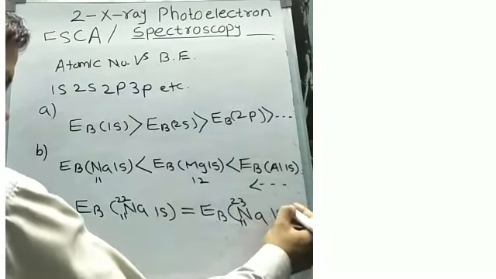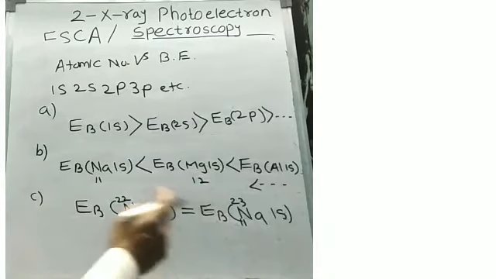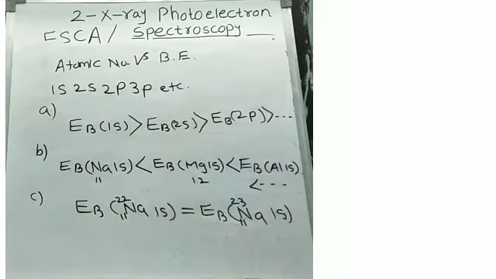So this is the isotope: atomic number same but mass number different. So binding energy is not affected by the isotope, it will be the same.